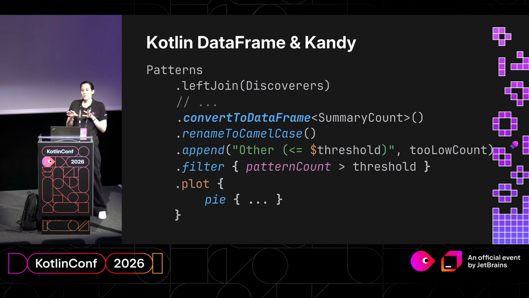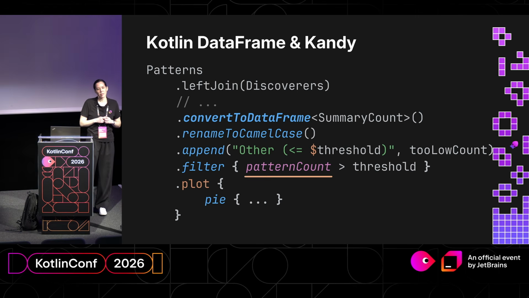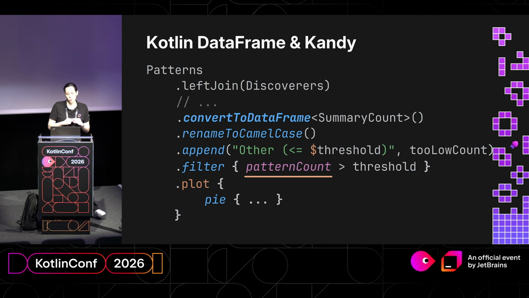And this is just a way of me highlighting one of our sister libraries, but it's also a way for me to highlight this guy right here, patternCount. So this is the DataFrame compiler plugin working to automatically generate type-safe extension properties that match and access the columns that we originally selected in our Exposed query, which is really cool when you think about it.